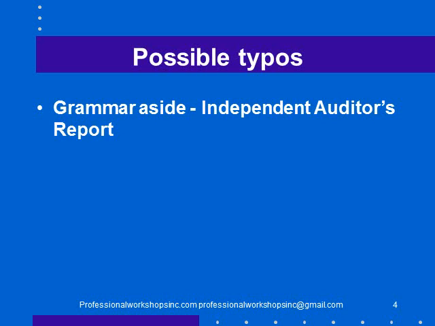Now, the one thing that you have to watch in the audit report is typos. And grammar aside, the new rule is it's the Independent Auditor's Report. Before this section came out, we would write Auditors' if it was a firm of auditors, because that's grammatically correct.